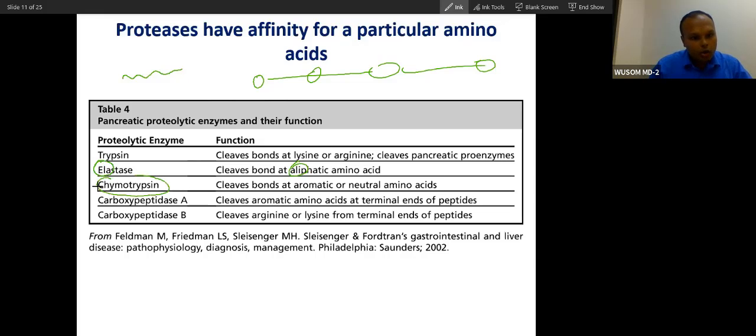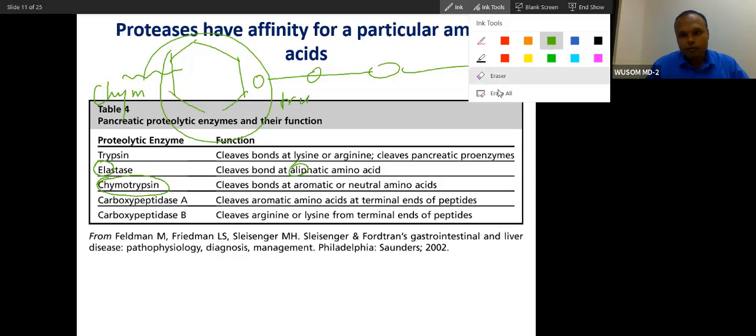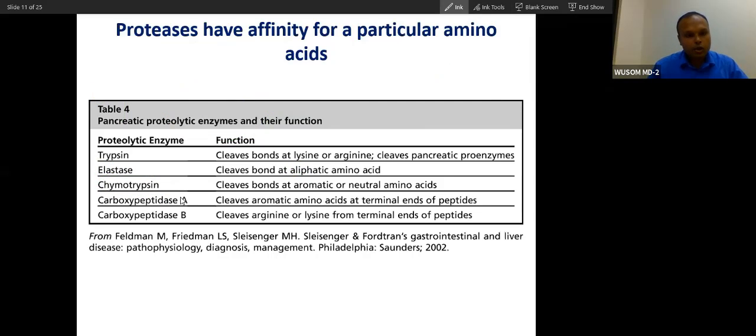Now, chymotrypsin will act on aromatic. I actually make this O very big: Chyme-O-trypsin. So O is aromatic. This is how I remembered it in the beginning. I don't need it now, but in the beginning I remembered it this way.